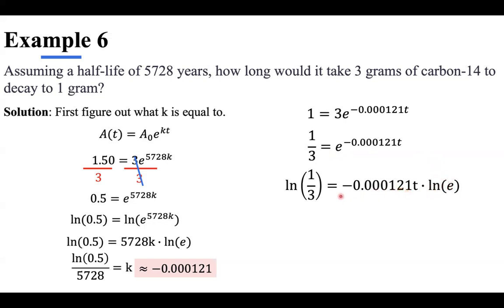Divide both sides by negative 0.000121 to get what t is equal to. That t is approximately 9,079 years. So it would take 9,079 years for 3 grams of carbon-14 to decay into 1 gram of it.